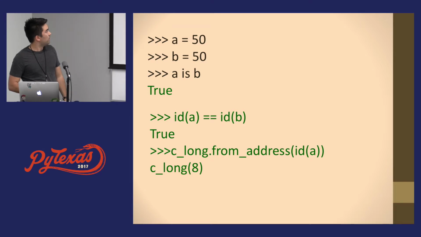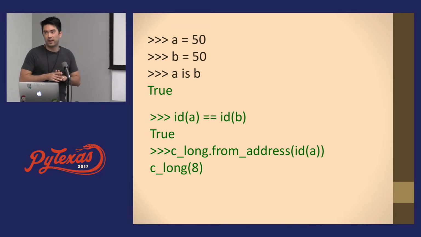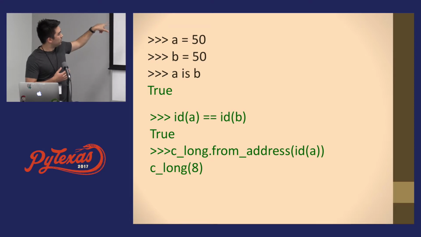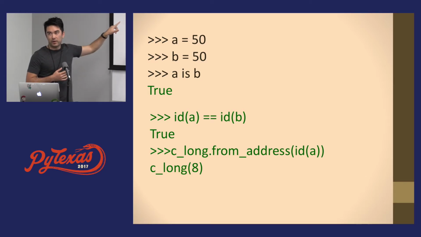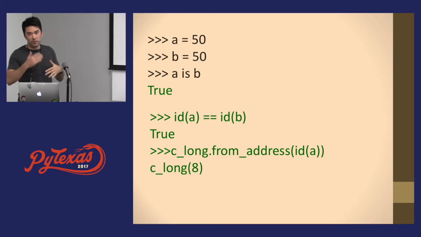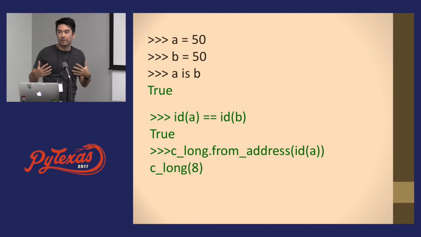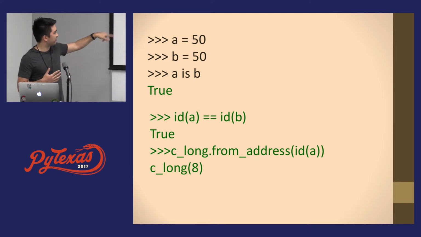So now let's go back to the case we were trying to explain. In the case of 50, we can check to see if the IDs are the same for A and B, and they are. So we have one object in question here, which gets us most of the way to verifying that interning is actually what's going on here.